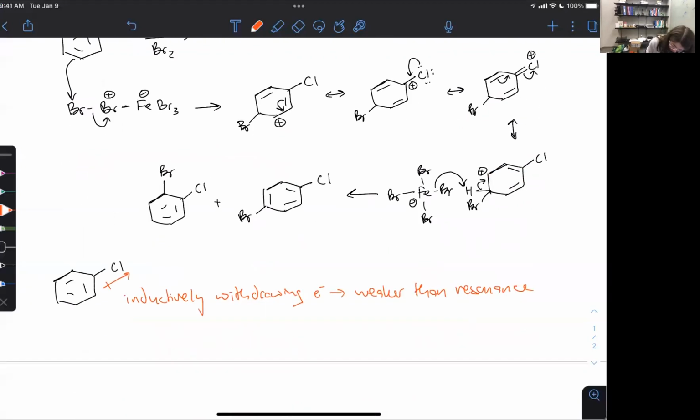So we end up seeing deactivated rings, but the resonance guides it to be ortho para.